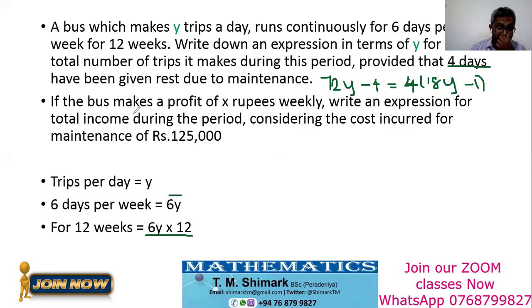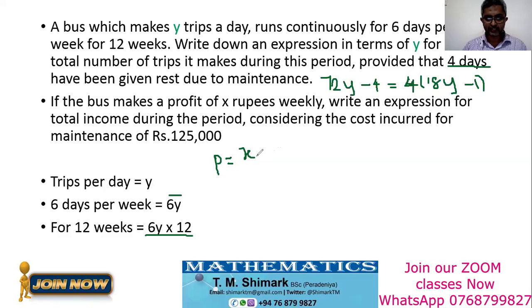If the bus makes a profit of X rupees weekly, now can you do this? Write an expression for the total income during the period, considering the cost incurred for maintenance of 125,000 rupees. If the bus makes a profit of X rupees weekly, per week X rupees is the profit. Write an expression for the total income during this period.